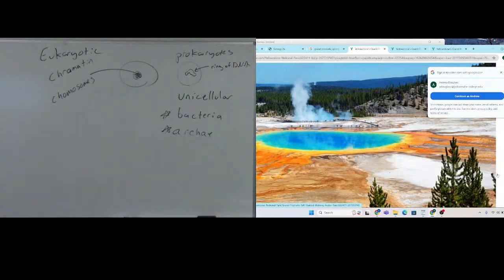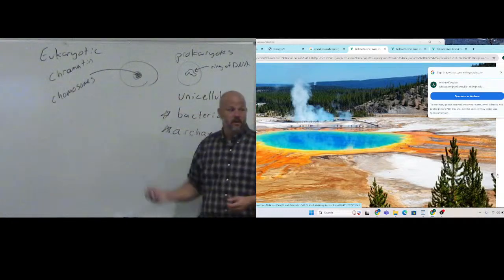By definition, what's it have? Has a membrane. What else? A nucleus. What else? What's in between the nucleus and the membrane? What's all in there? True. What's the fluid that's in there? Cytoplasm. Good. You know they're going to have those things, right? So if you see a nucleus, you know that's a eukaryotic cell.